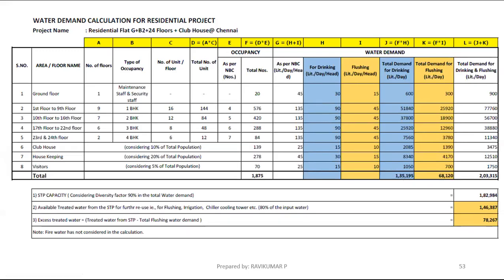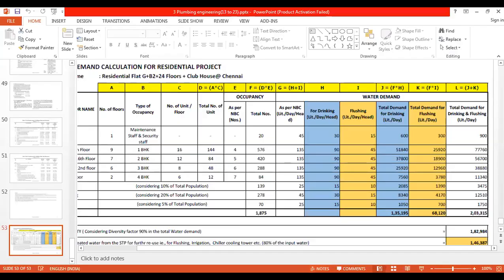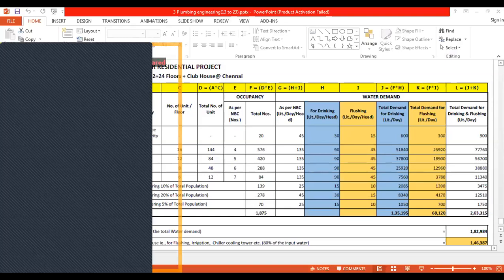For safety purposes we will provide 2 days' storage for the project. Two days means 135 into 2, 270 cubic meters of water you have to store for this project as the minimum requirement, and half a day's requirement you have to store in the roof.